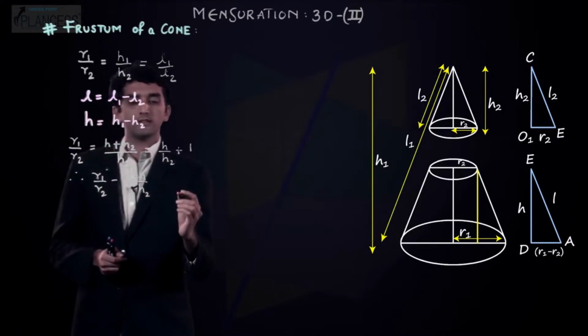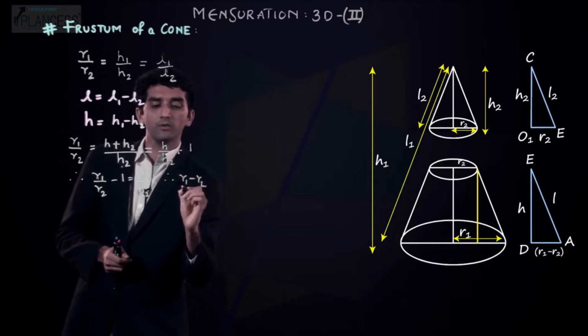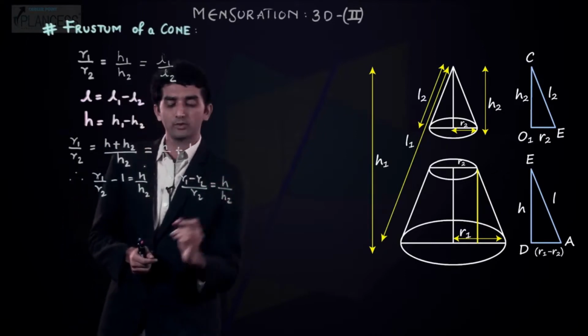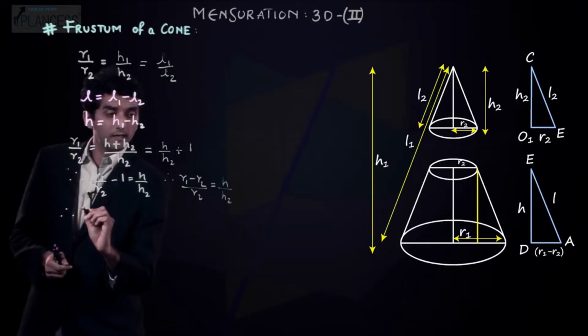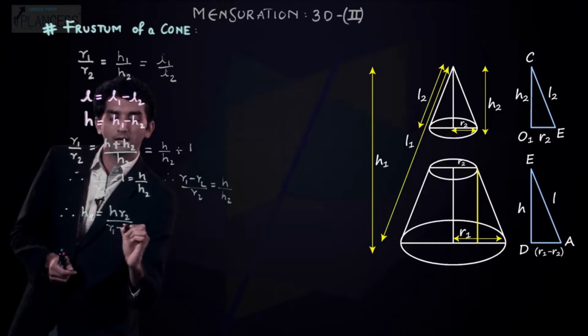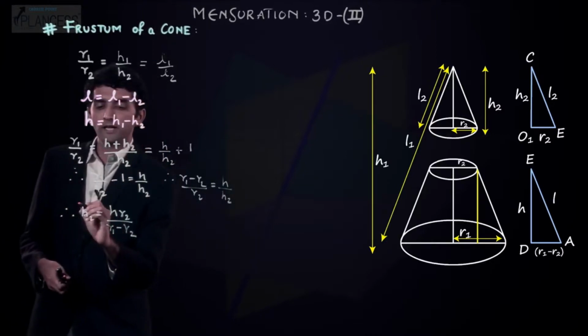Therefore, R1 minus R2 upon R2 equals H upon H2. So we have H2 as H R2 upon R1 minus R2. This is the result for H2 that we have figured out.